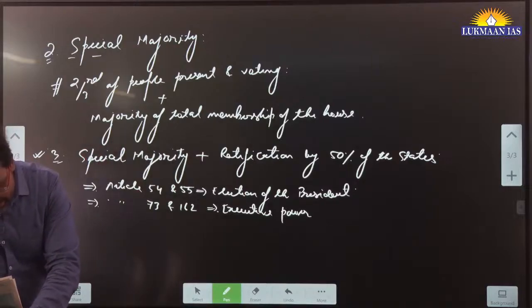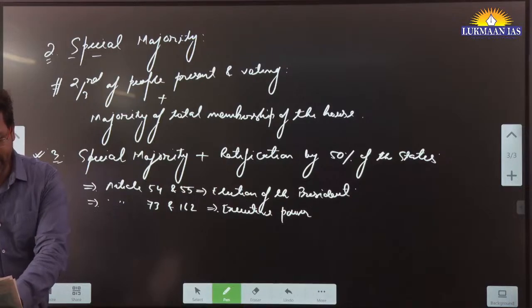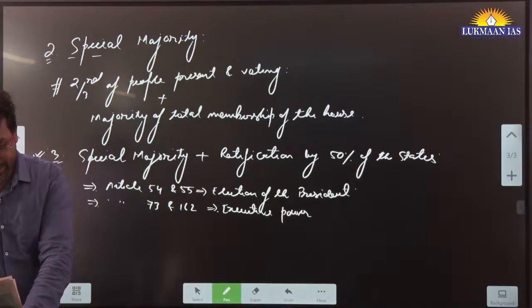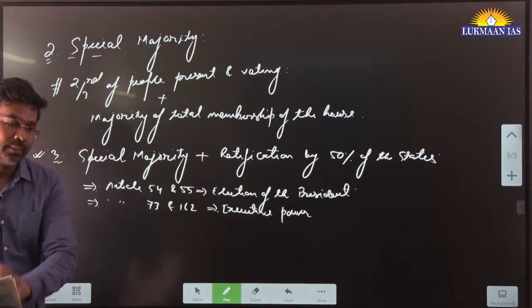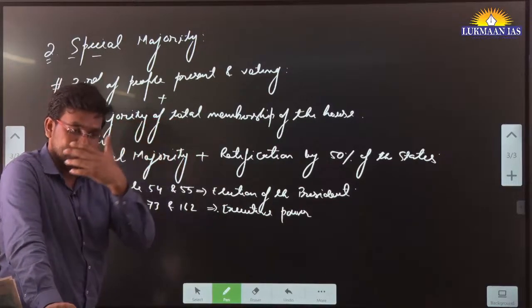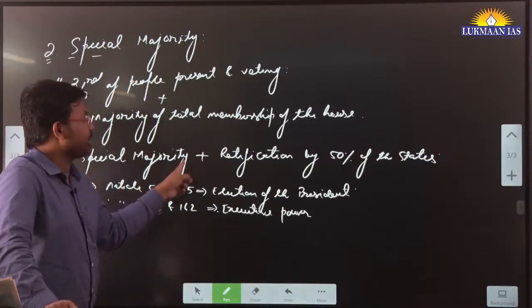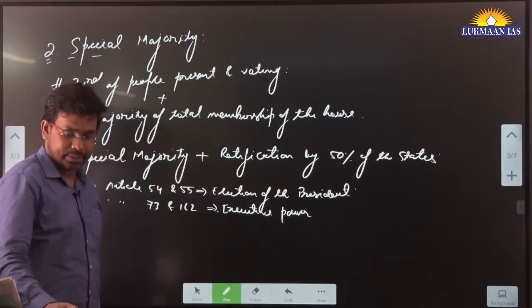And if there is any change in the provisions regarding the union judiciary or the high courts, like Articles 124 to 147 and Articles 214 to 231, meaning if you want to make any changes in the powers of the Supreme Court of India or the high courts, in that case also it requires a special majority and ratification by 50% of the states.